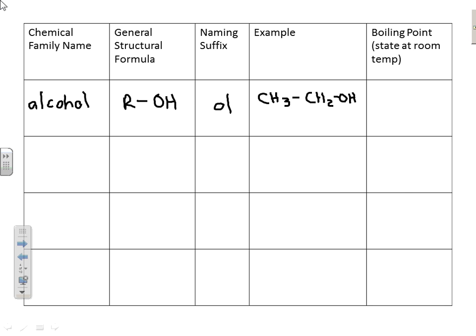And what do you think the name of that one would be? I've got my chart still over there. I didn't bring it to front and center. But our chart still counts. What do you think that's going to be called? Yep. Ethanol. Ethanol is the alcohol that's found in beverage alcohol.